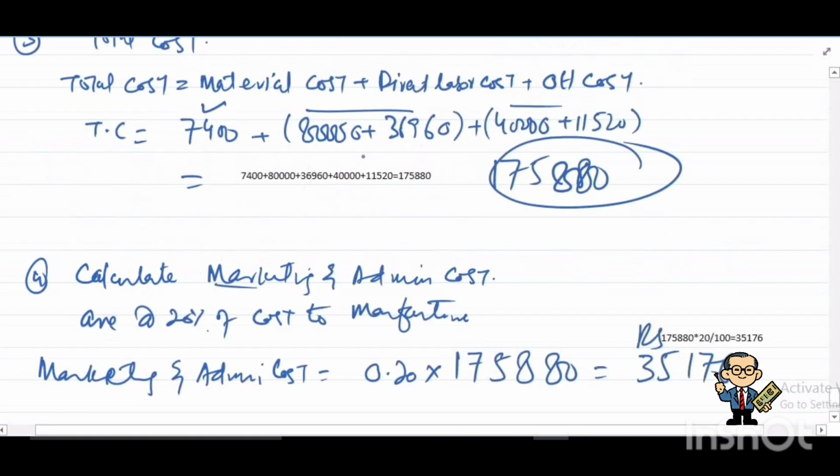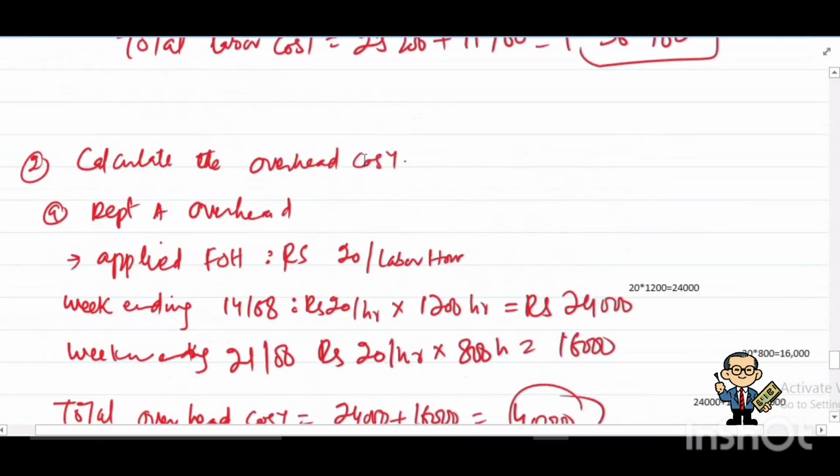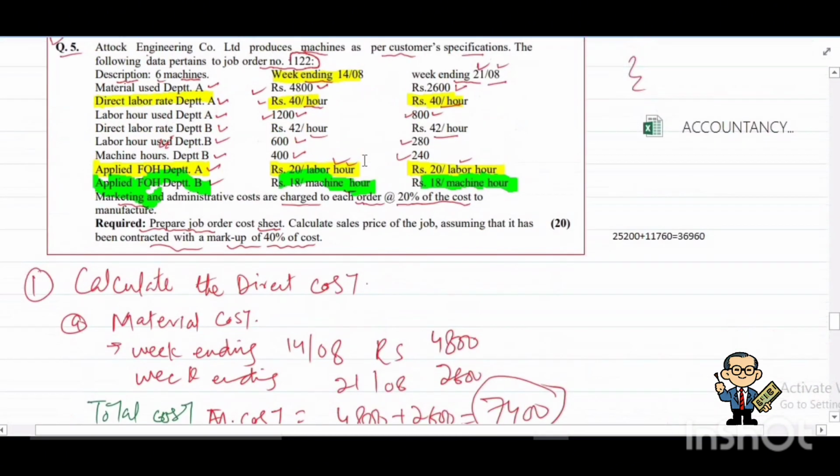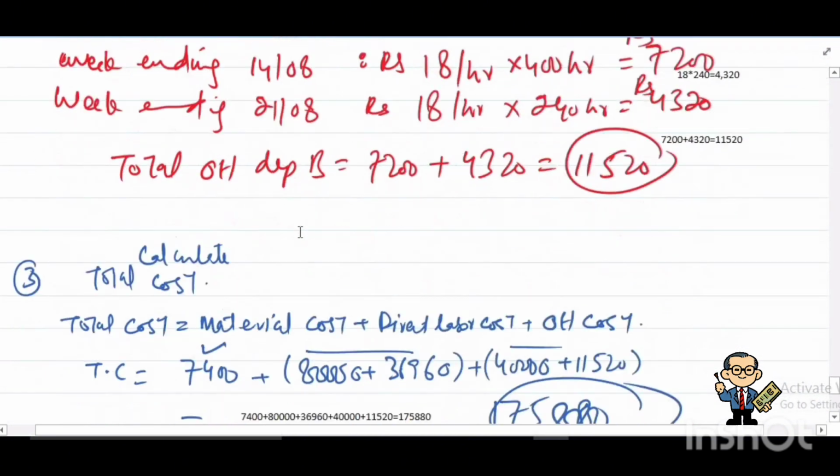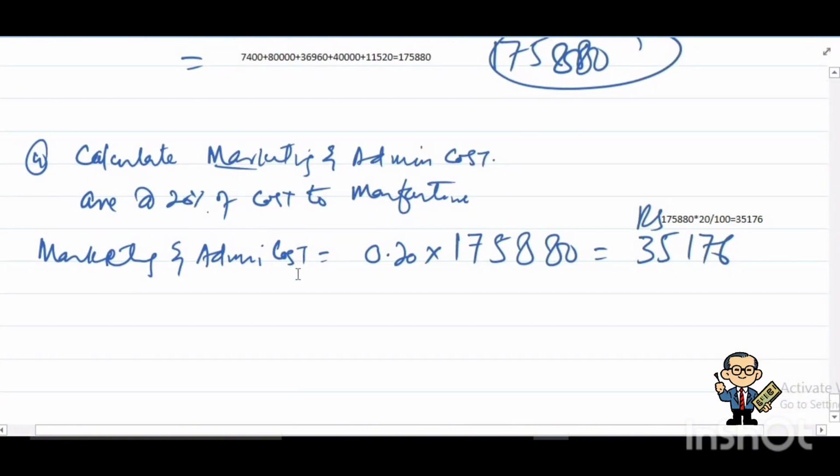Now at the final stage we have to calculate. I think we have done the major part. Now we have to conclude and calculate the sale price of the job. In calculating this figure, you have to assume that the markup is a percentage of the cost, which will be added up, and then we will get the sale price.